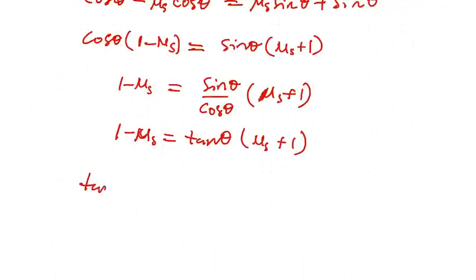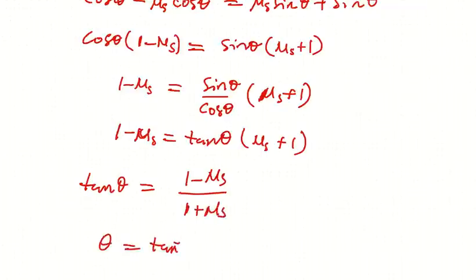Tan theta will be equal to 1 minus mu s divided by 1 plus mu s. So theta will be equal to the arctan, the tan inverse, of 1 minus mu s divided by 1 plus mu s.